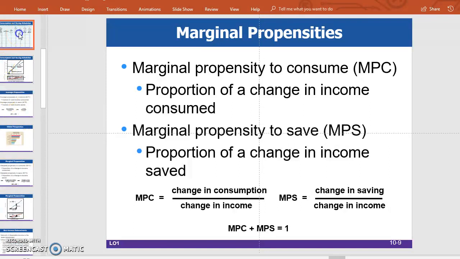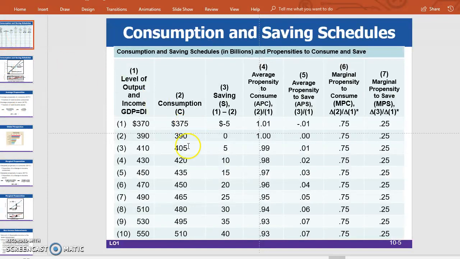So if we go back and start to calculate, let us say between row 4 and row 5, our savings increases from 10 to 15, and income increases from 430 to 450, right?